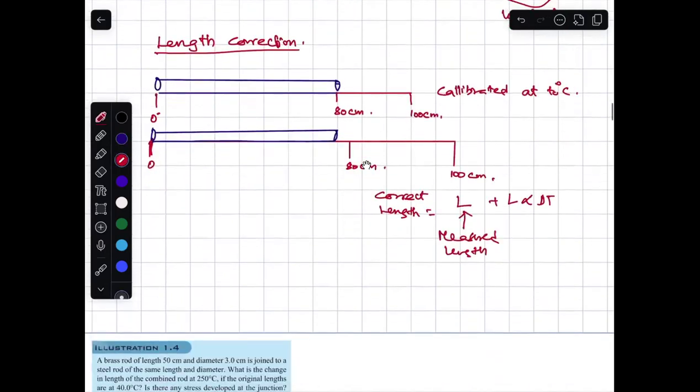Suppose the scale contracts, it will show 100 centimeters at a lesser side. Your wooden stick still remains the same.